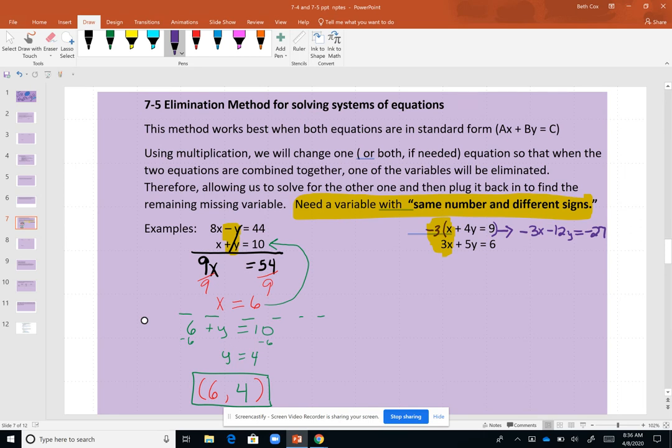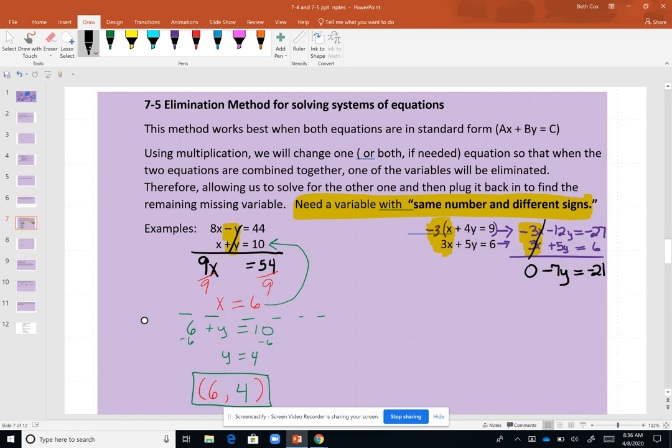The bottom equation is not changing at all, so it's going to be 3x plus 5y is equal to 6. Now that we've got the same number, different signs, I can combine the two equations, and that's going to give me a 0. And this next one will give me negative 7y is equal to negative 21.